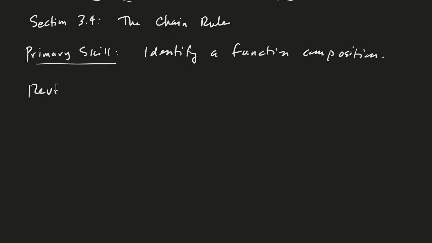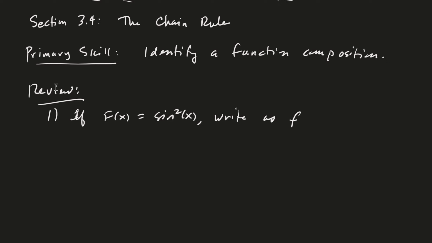For example, if f of x equals the sine squared of x, rewrite as f of g of x. Right, it's a composition of two things. So what's that going to be?